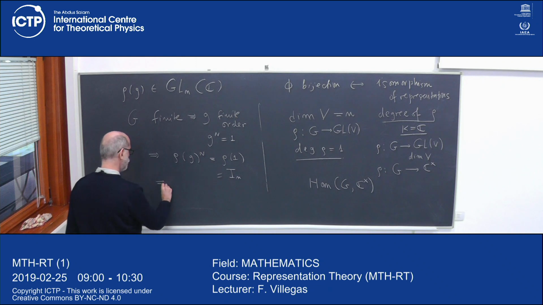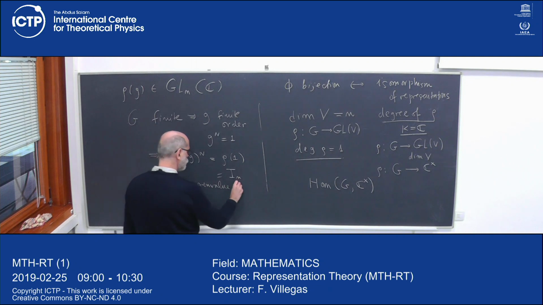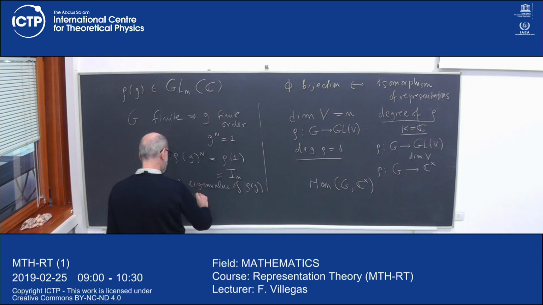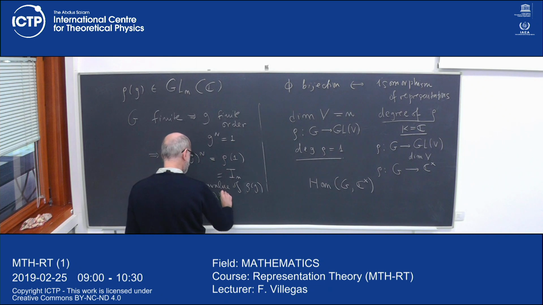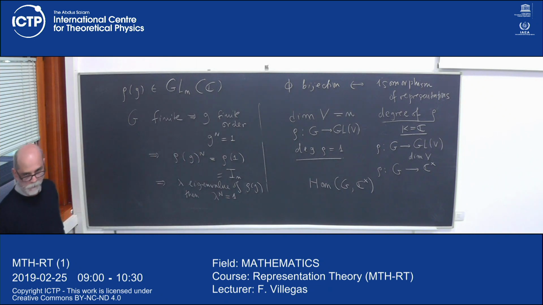So this implies that if lambda is an eigenvalue of rho of g, then lambda to the n has to be equal to 1. The eigenvalues of the power of a matrix are the power of the eigenvalues of the matrix.